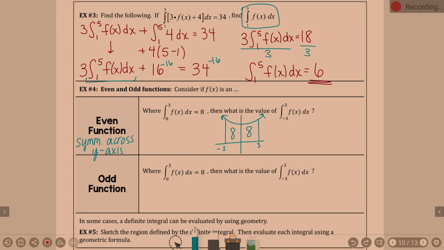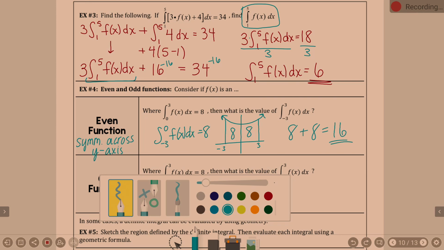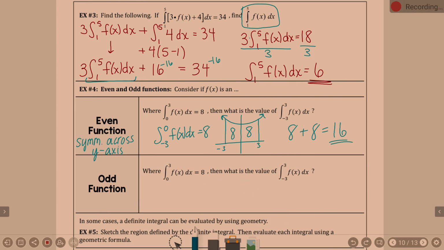Then we also know the integral from negative 3 to 0 is 8. And so 8 plus 8 is going to be 16, or however you want to explain that to yourself. So that kind of goes with our properties.